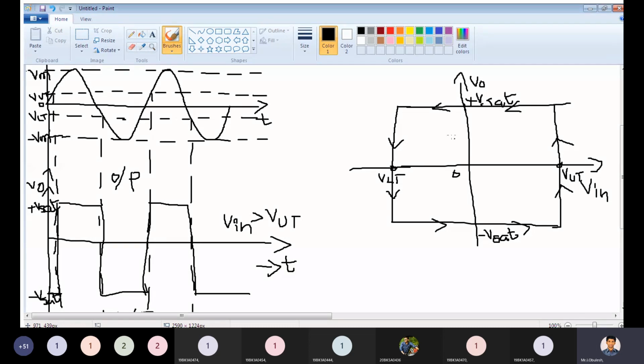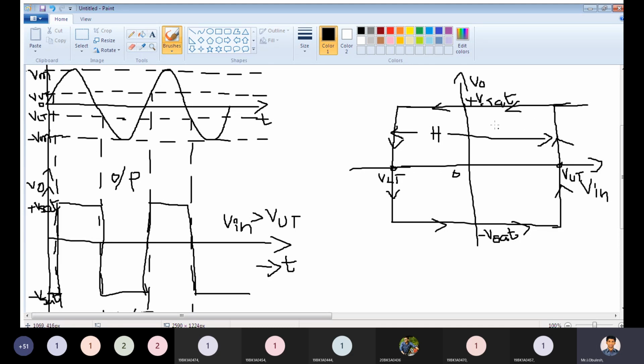This is the hysteresis area, plus V saturation, plus 2 V sat by R2 by R1. From this diagram, what you have to observe here: this is Q1, quadrant 1.